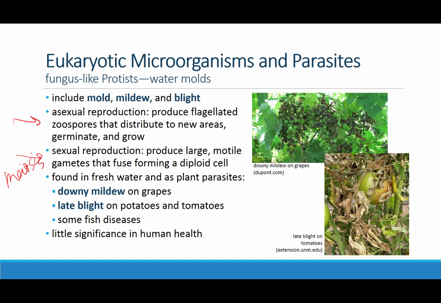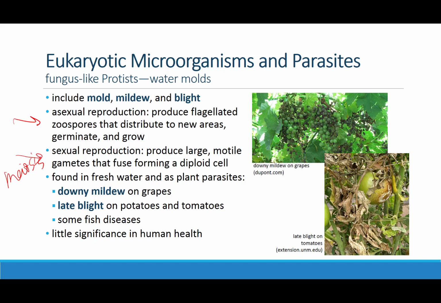So grapes, if you're growing grapes to make wine with, then downy mildew is one of the diseases you have to contend with, and that is a water mold. Late blight that I mentioned on potatoes and tomatoes. When your tomato plants, it's like July, your tomato plants are growing great.